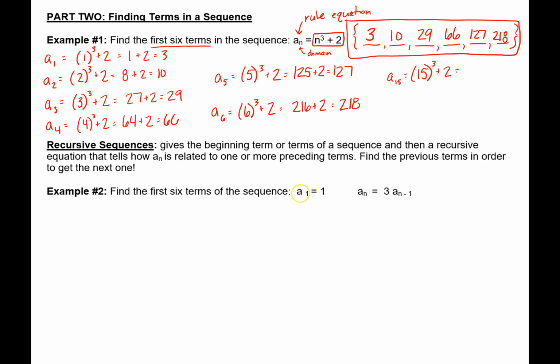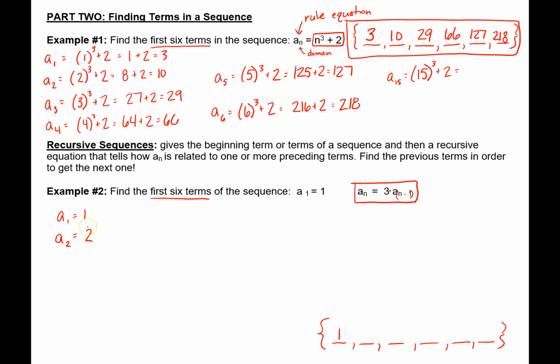I know a sub 1 is equal to 1. That means that the first number in my list, if I'm again trying to find the first 6 terms, is 1. Now look at our rule here. Our rule says 3 times a sub n minus 1. So when I'm looking for a sub 2, I'm going to plug that 2 in still.